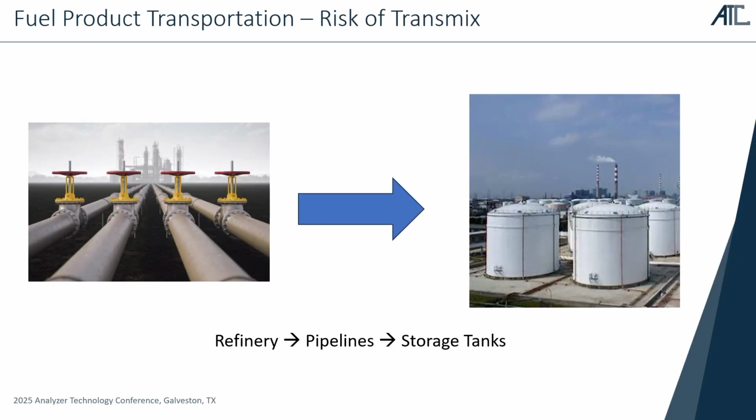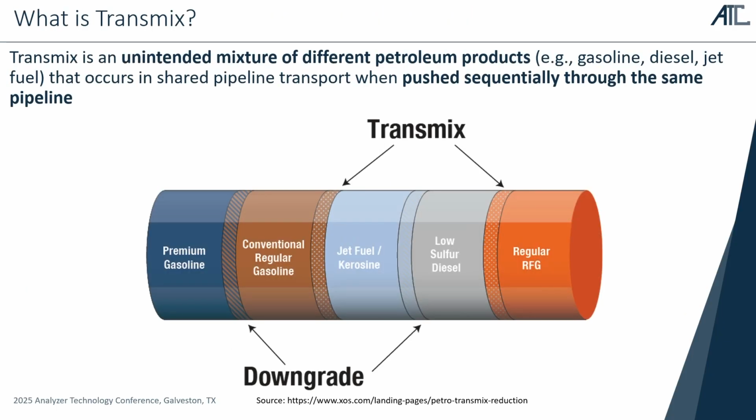When I submitted the paper, there was right away the question, well, it's great that you can do that on raw products or on clean products, but what about transmix? When things are mixed in a pipeline, they don't perfectly behave one product after the other. They start to mix when they run through pipelines. That's the typical downgrade of your product.